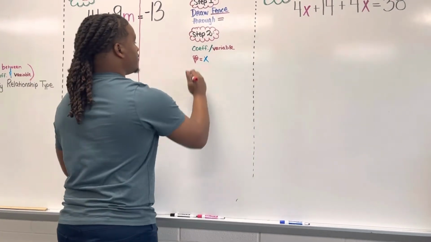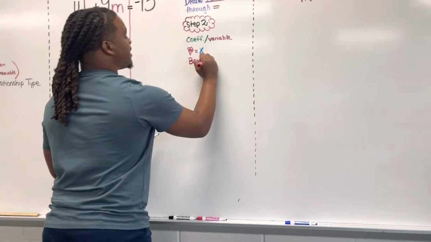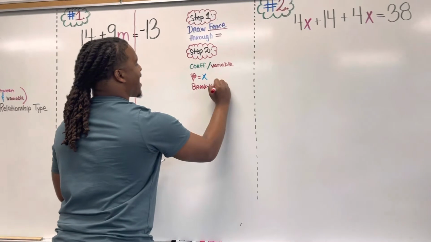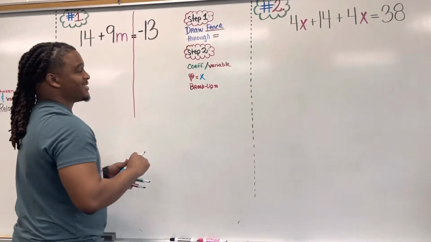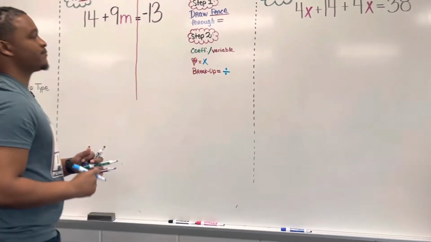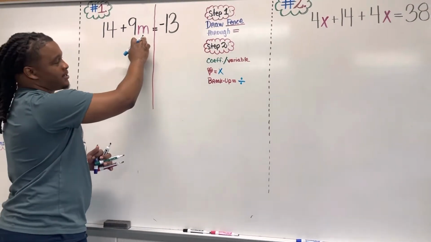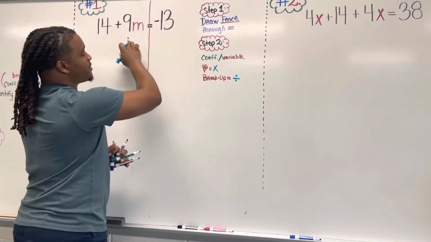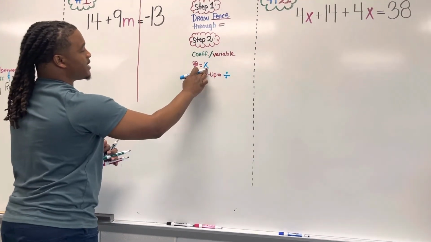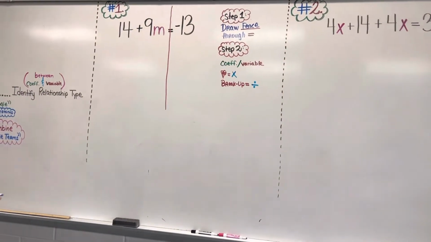So if their relationship is based on multiplication, then their breakup is going to be based on the opposite of multiplying, which is dividing. So in this case, it's 9 times m, the relationship between the coefficient and the variable is multiplication, and whenever they break up, we're going to have to divide, okay? So we're done with step 2.